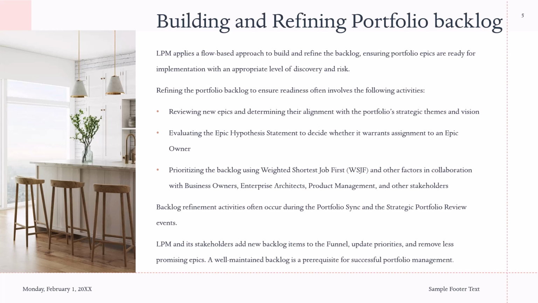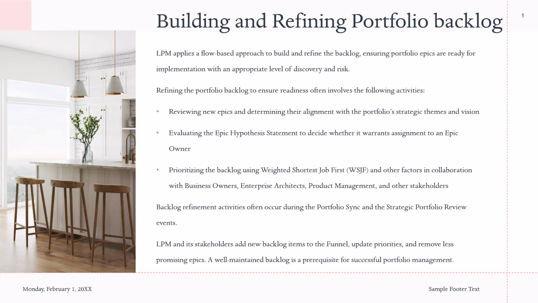So backlog activity often occurs during portfolio sync and strategic planning. This is something that occurs maybe in the middle of the year. We do portfolio syncs just to make sure that the company is aligned to its strategic themes, and also still aligned to the mission and vision.